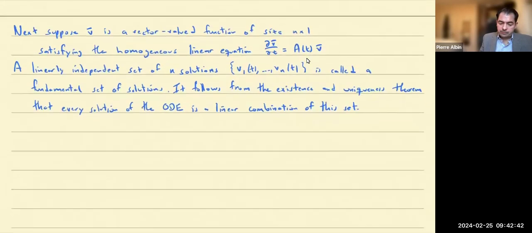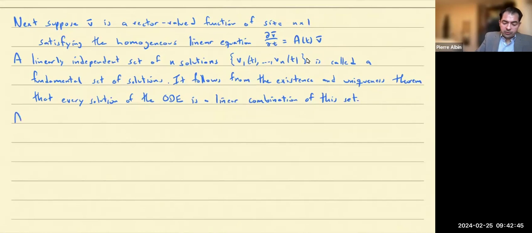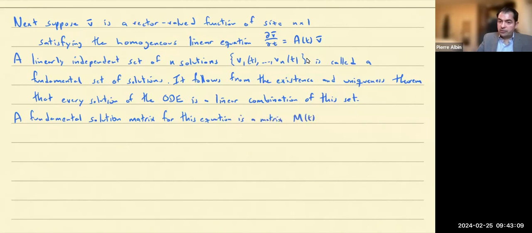A fundamental solution matrix for this equation is a matrix capital M of t whose columns make up a fundamental set of solutions.